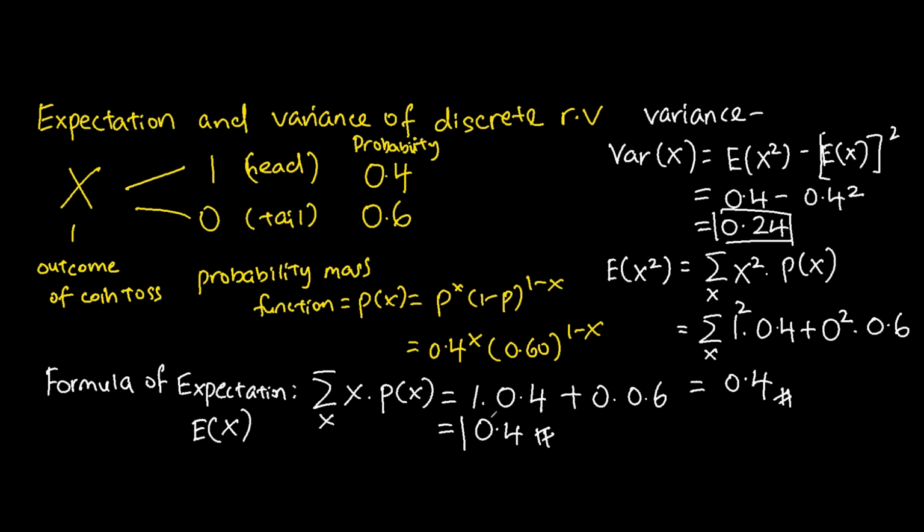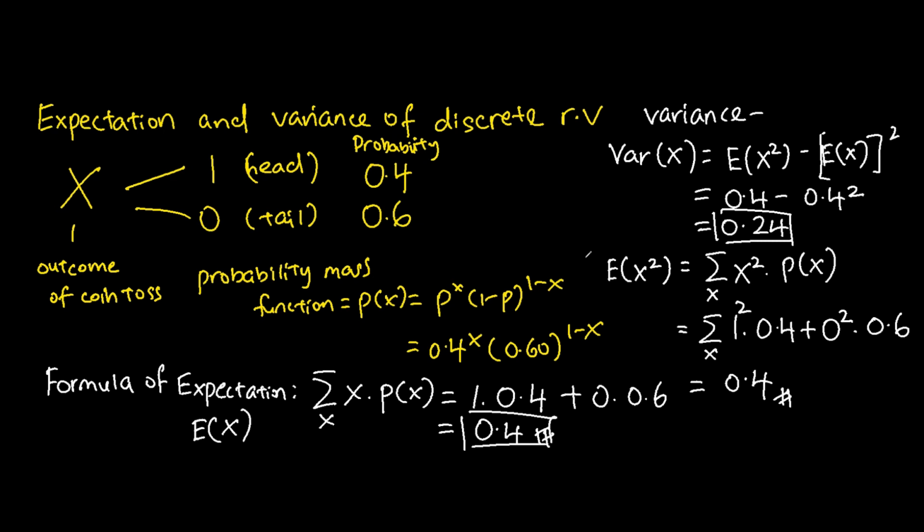My final answer for my variance is 0.24. So for this discrete random variable, we have the expectation, which is the sum of x times the probability mass function, which is 0.4, and the variance, taking the expectation of x squared minus the expectation of x, the whole thing squared, which gives you 0.24.